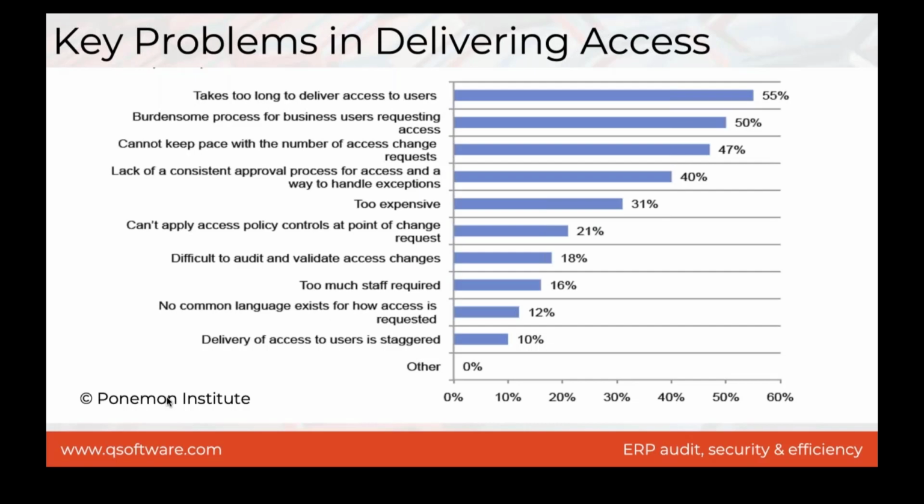This is a very interesting slide, I think, because it comes to the core issue of how we as IT, in delivering this kind of service, user provisioning automation, what we're trying to achieve. This is a survey that the Penniman Institute did, and I think it indicates the problems very well, because the top two say it all, that the users, generally speaking, are complaining it takes too long to get the access.